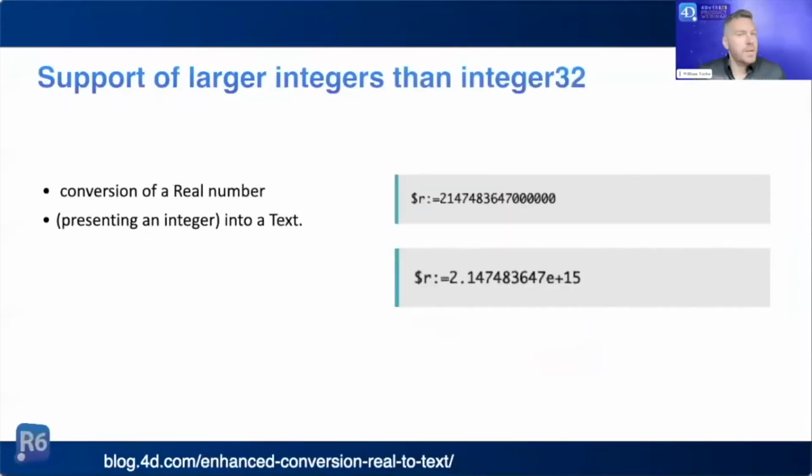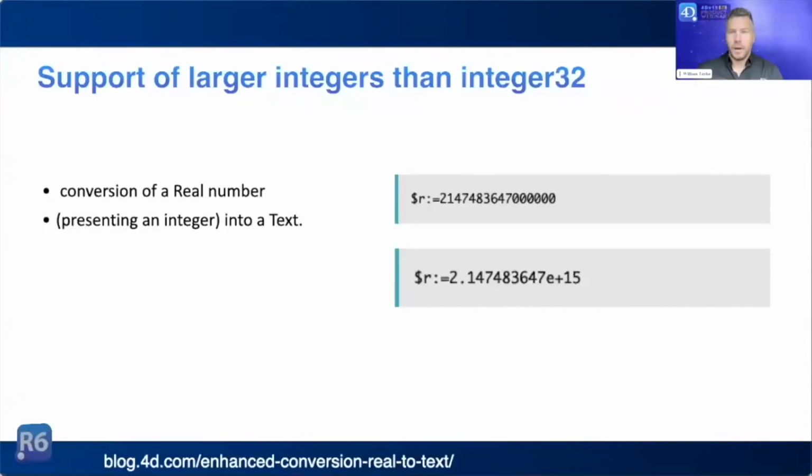Now, so you need larger integers, larger than 2 billion or 32 bits, with high accuracy. Say you have a really big counter, or you want to store the number of drops of water in each ocean.